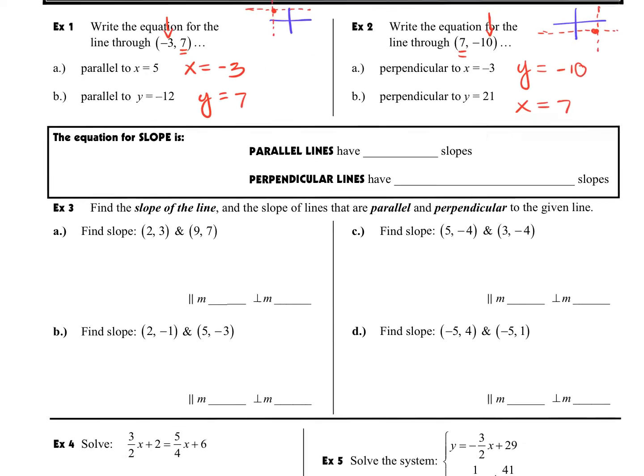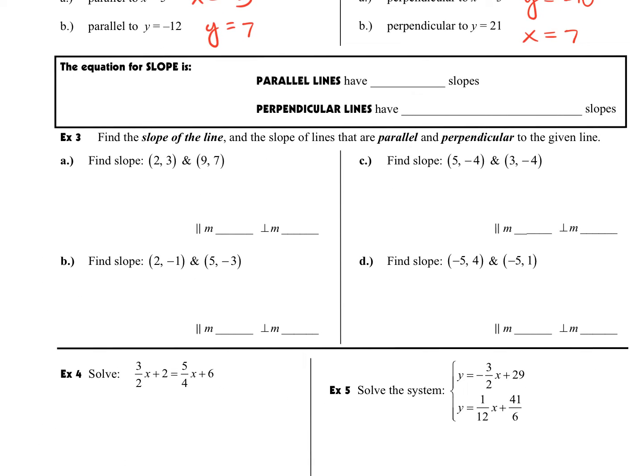Now, the next thing that we want to look at is finding slope algebraically. You would have done this in your Algebra 1 days, but we just want to do a quick little review of slope. So first of all, we always denote slope with an m. So our slope is going to be rise over run. That means the change in the y values divided by the change in the x values.